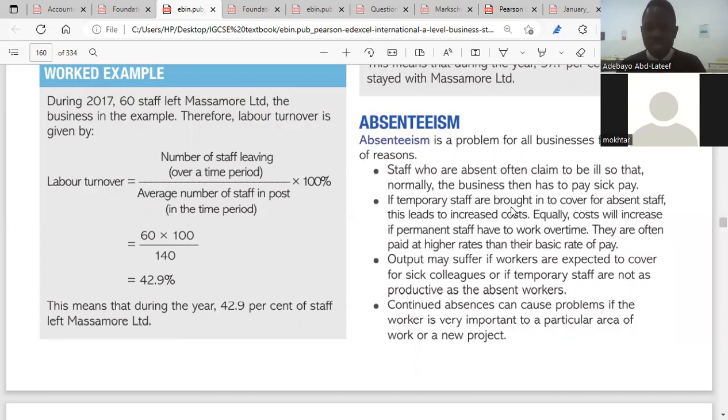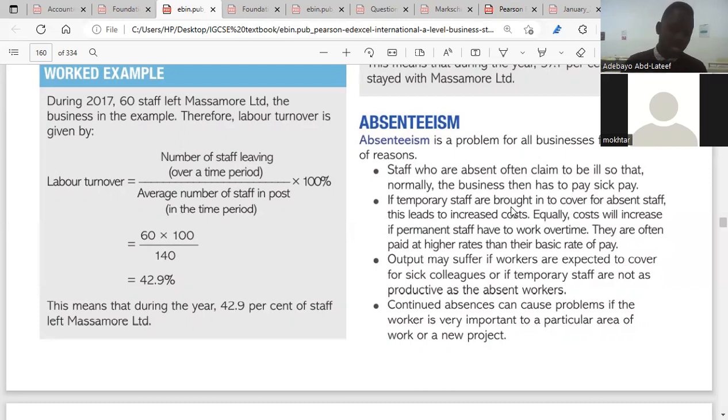Two, if temporary staff are brought in to cover for absent staff, this leads to increased cost. Equally, costs will increase if permanent staff have to work overtime, as they are often paid at higher rates than their basic rates of pay. So another consequence of absenteeism is that it increases the cost of businesses. How does it increase the cost? Businesses have to replace those absent workers.